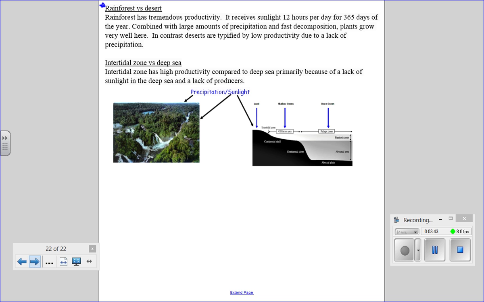The first example is the rainforest compared to the desert. And we're going to talk about the hot desert here. The rainforest has tremendous productivity. So its productivity is very high. That means many plants are growing. The biomass of plants is increasing. It receives a ton of sunlight all year round. So if we compare that to here, we receive a ton of sunlight in the summer, but not all year round.